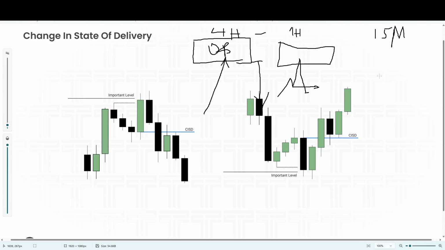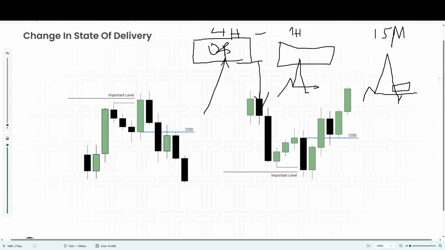On the 15 minutes, what do we expect? So guys, this is it. This 1-hour setup that we see here. We want now price to start reversing towards this line, the CISD line. So now here what we want is, as price was coming, it was leaving fair value gaps.